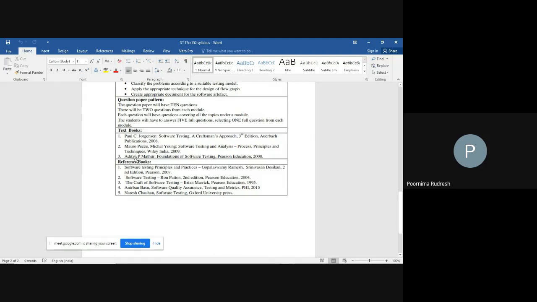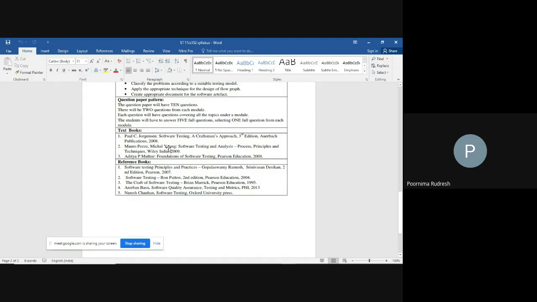As I said, from the Aditya P. Mathur textbook, very little syllabus is taken, and from the first two textbooks, Software Testing, a Craftsman Approach, and Software Testing and Analysis, most of the contents are there, so you can get them from the library.